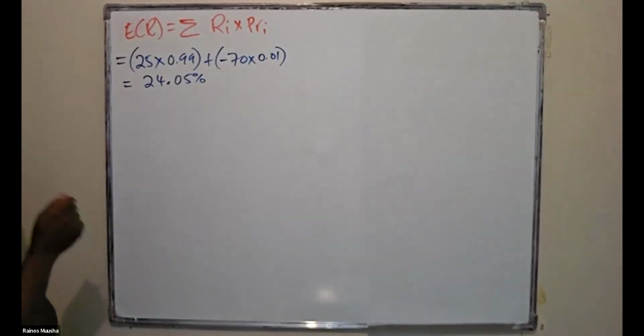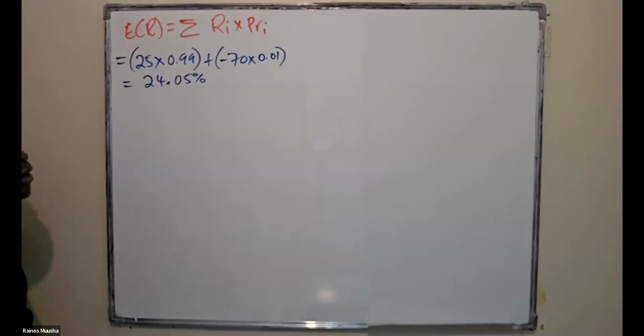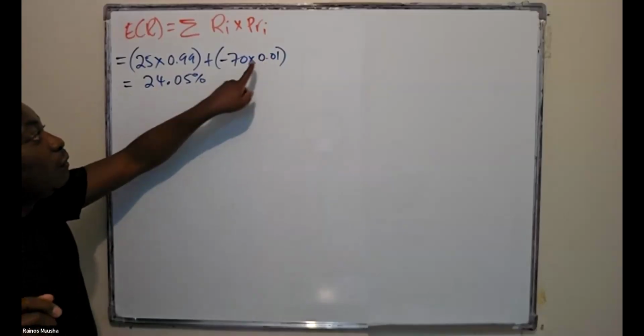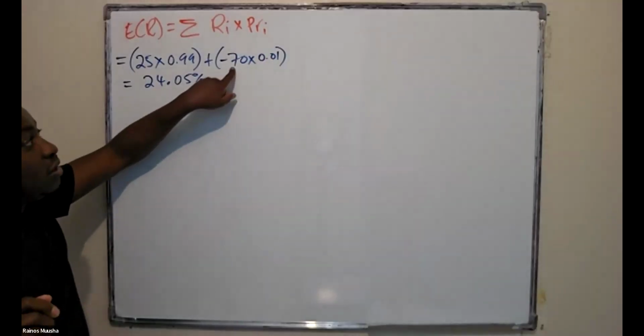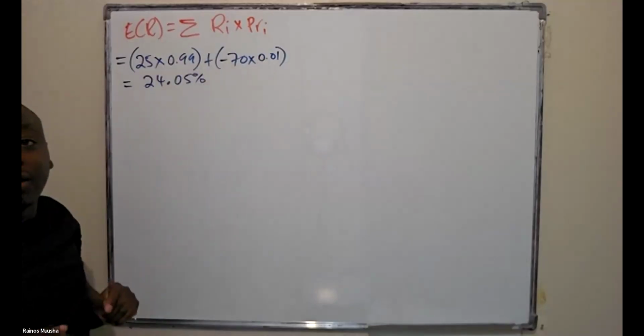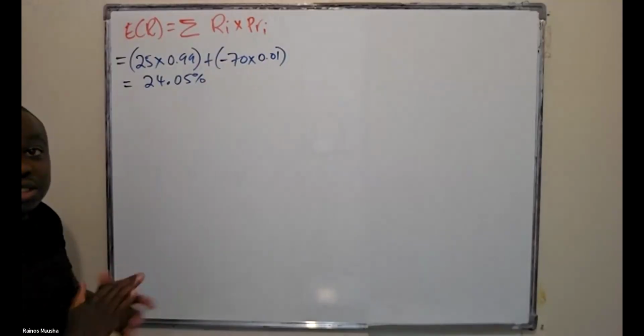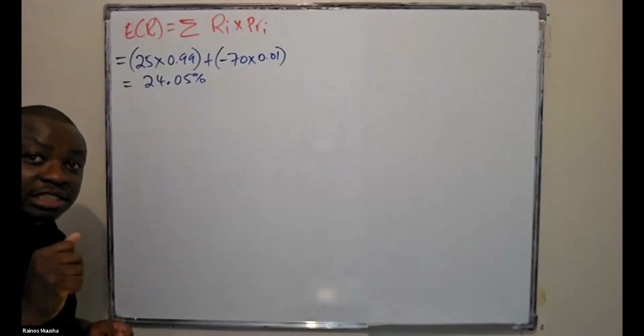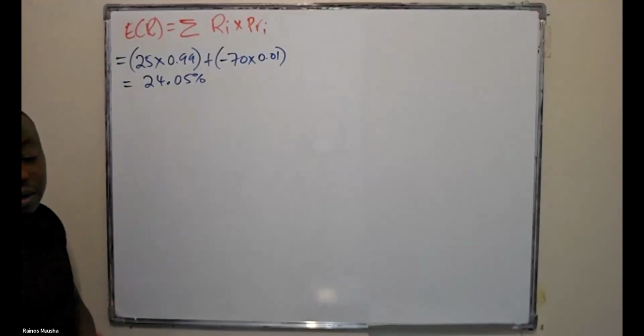Remember they said the issue here is that in some cases, management tends to overlook the potential impact of a very bad return which has a very low probability of happening. So this bad return of us losing 70% of the portfolio value, how is it going to end up affecting the going concern of our organization? This is where the question becomes relevant.